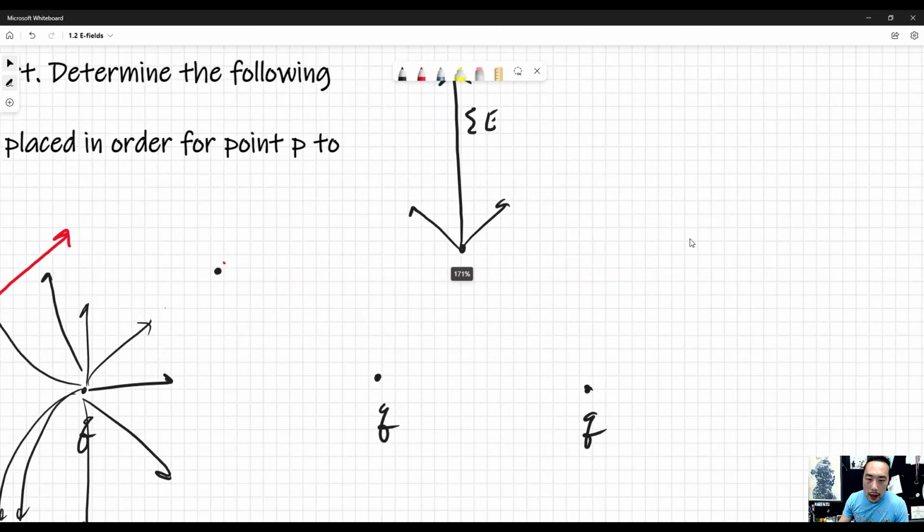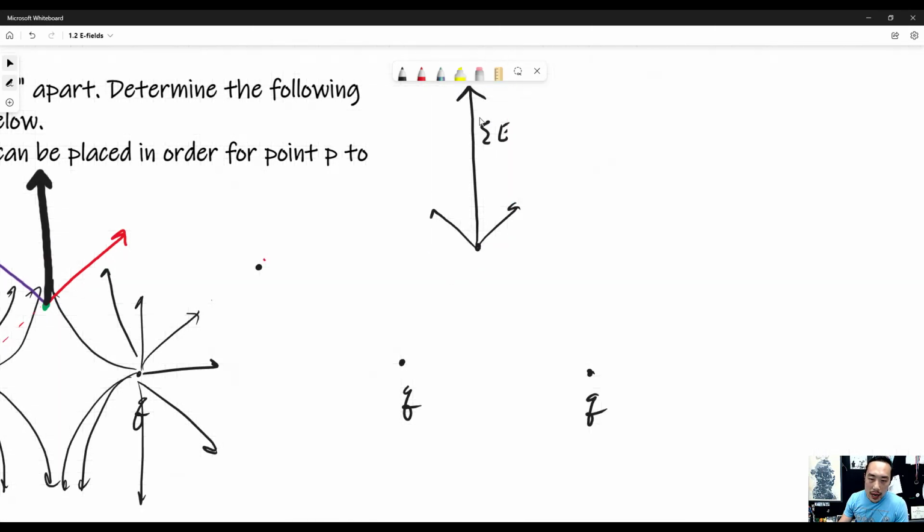Now, we know that right now the net field is pointing straight up. So in order for the net field at point P right here to equal 0, we need to cancel out that vertical E field. And the only way to do that is to have an E field pointing downwards. So let's do a quick review of our concepts. For a negative charge, all fields go in towards the negative charge.